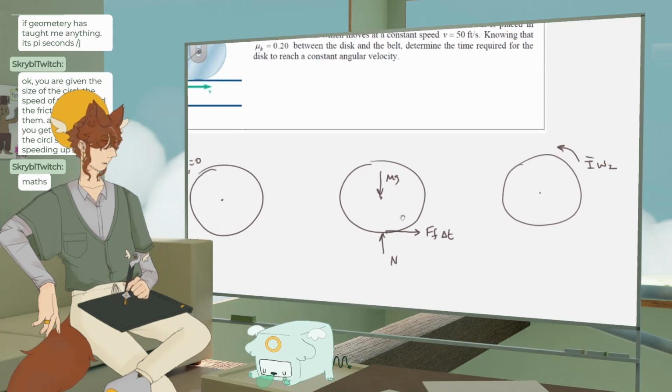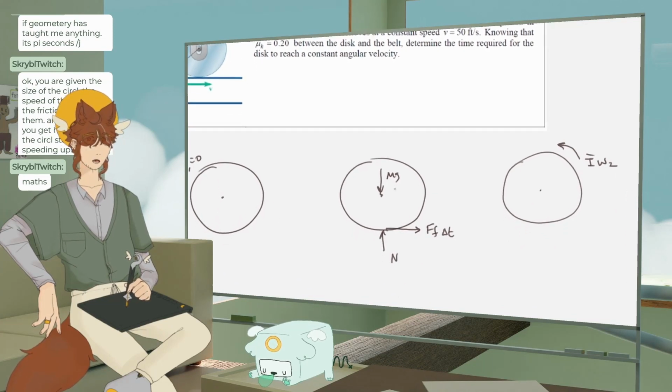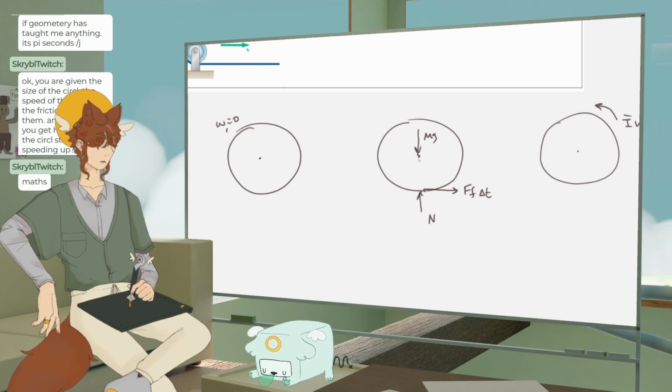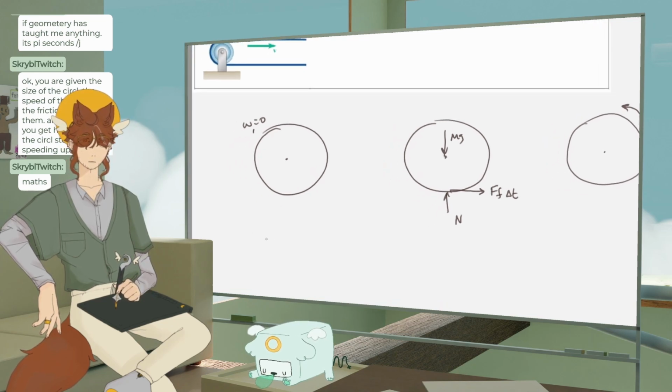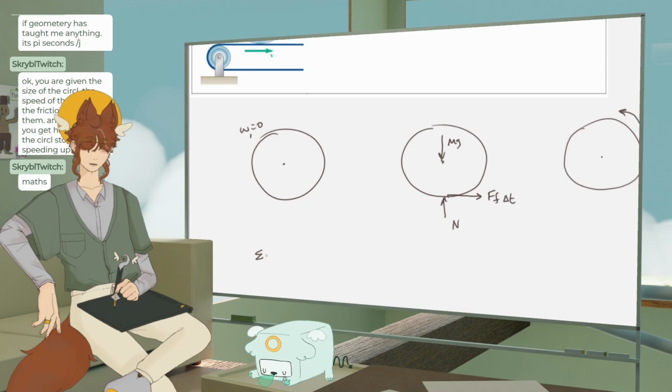And in this case, the disc is constrained, so if it wasn't constrained, it would start moving to the right and also spinning. But since it's constrained, it's just going to spin because it can't move to the right. Alright, so we have a couple different things. I think the states I chose are definitely wrong, because if I do this sum of the moments... Oh wait, no, okay.